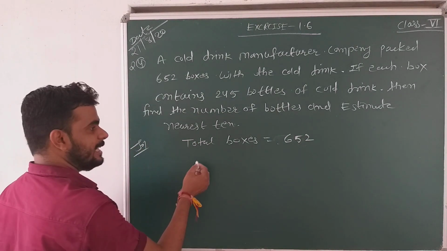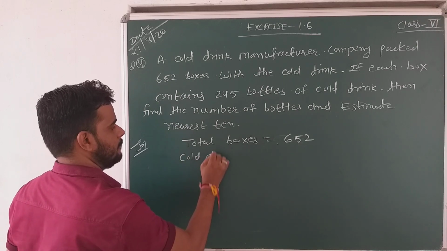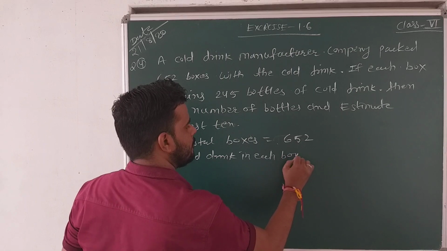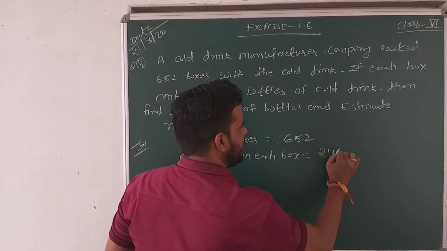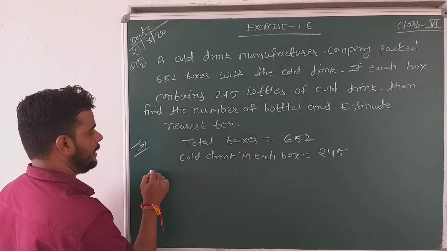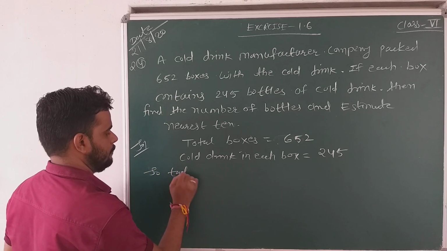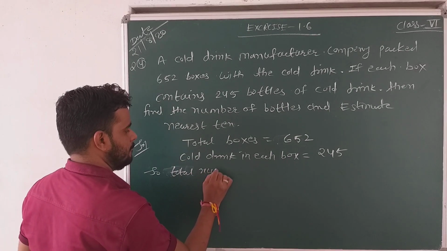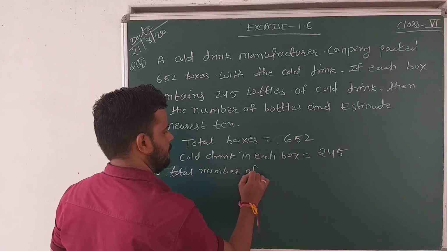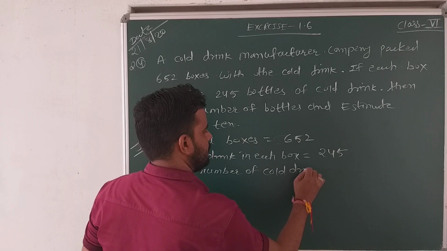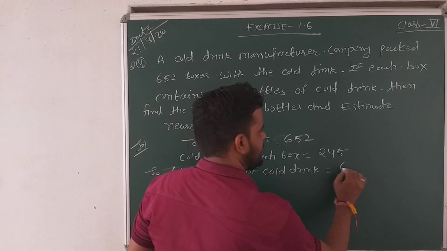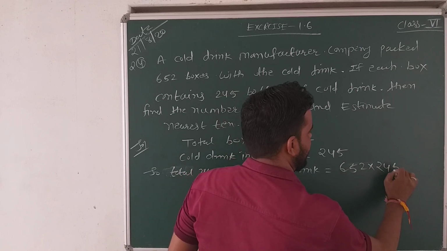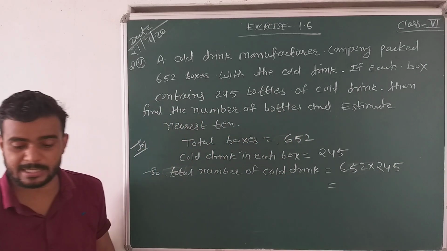And cold drinks in each box, how much? 245. So the total number of cold drinks is 652 multiplied by 245. मल्टीप्लाई करने में होगा, बताओ क्या आंसर आएगा.